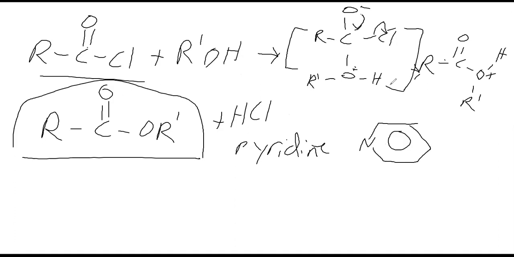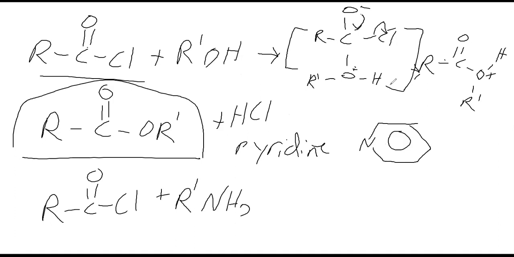You can form amides the same way. RCOCl. You mix in some sort of amine in the presence of, say, sodium hydroxide or pyridine again.